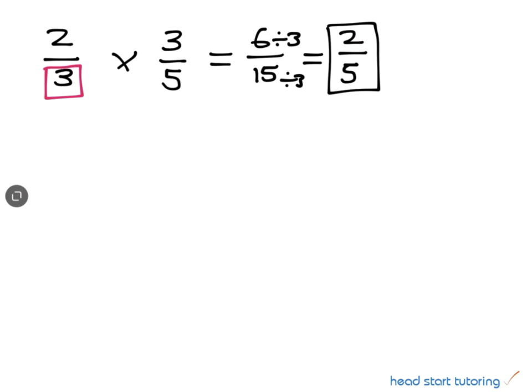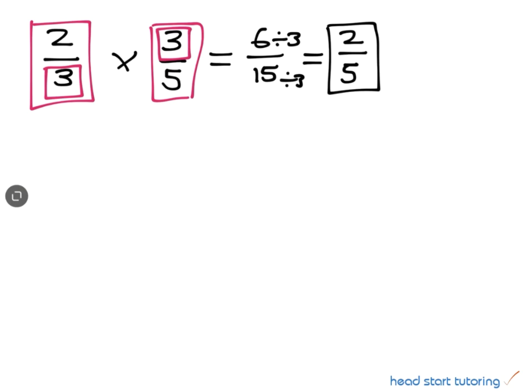2 over 3 times by 3 over 5. We need to try and see if we can firstly simplify each individual fraction, which we can see that we can't, because 2/3 is the simplest form and so is 3/5. And now what we want to try and look out for is whether or not we can cross cancel.